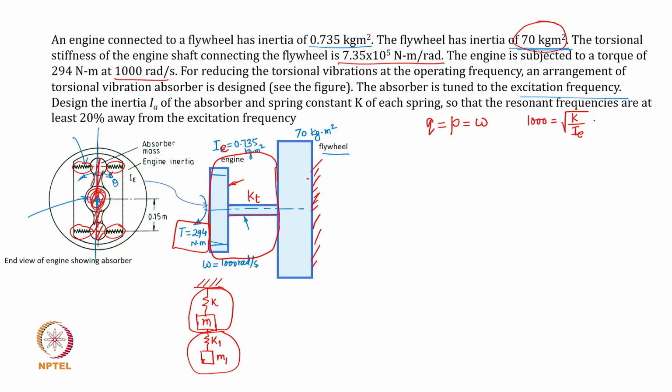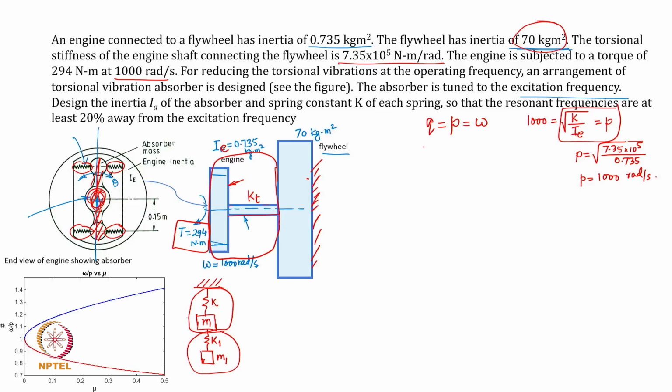This is the natural frequency of the parent system: P is equal to square root of K over IE, which is square root of 7.35 into 10 raised to power 5 divided by the engine inertia 0.735. One can find this out, and that is equal to 1000 radians per second.